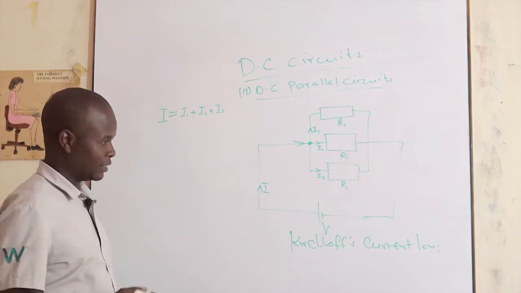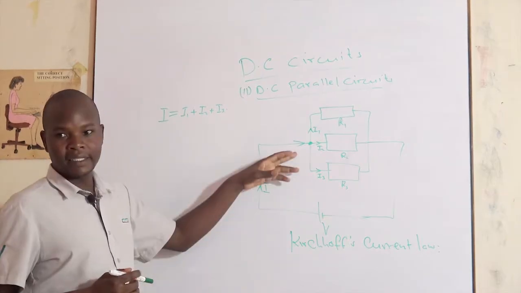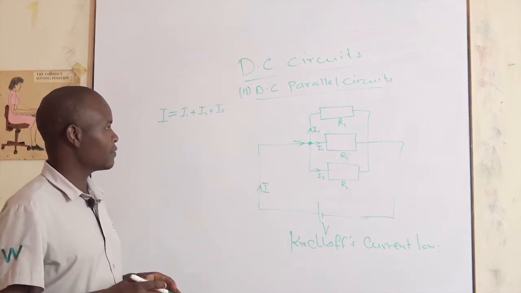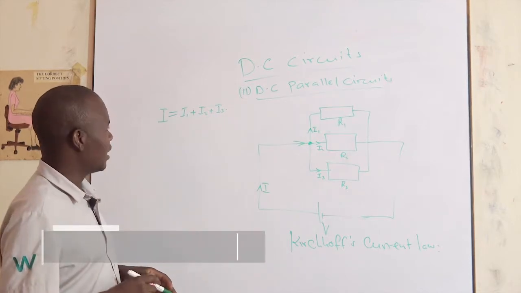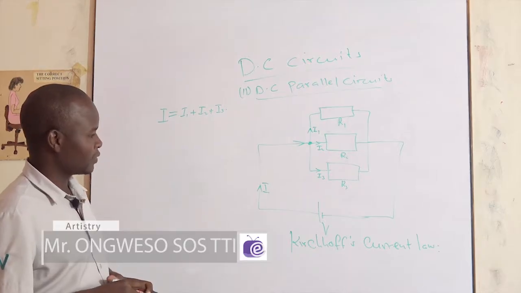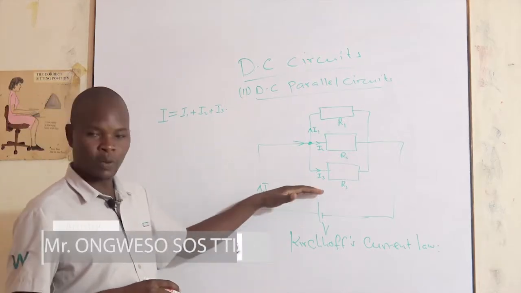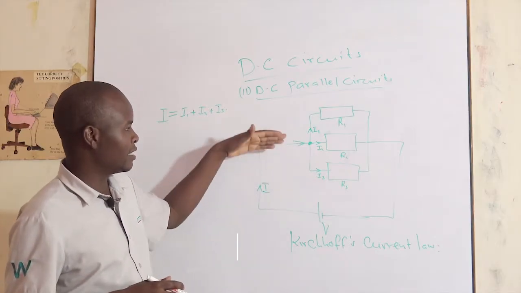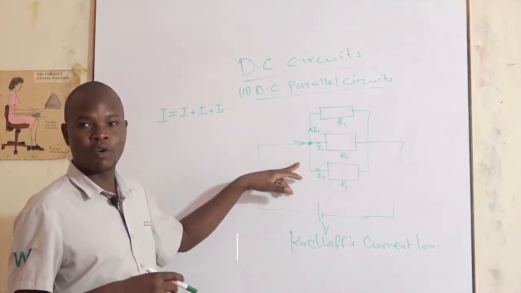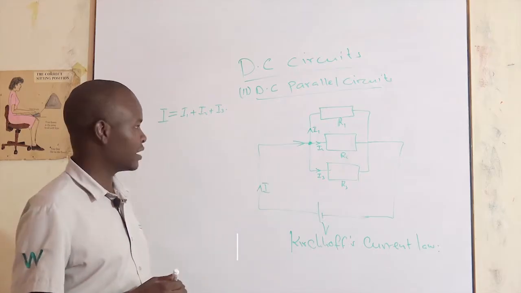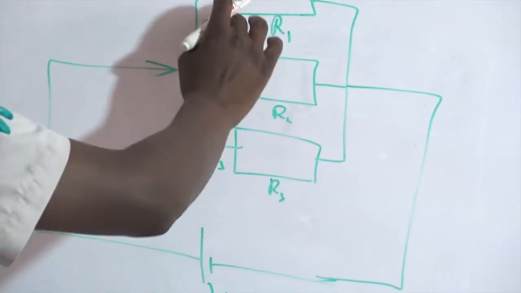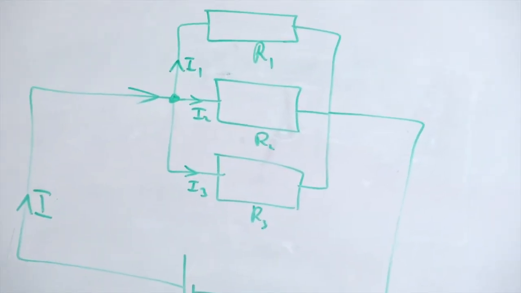That implies that the current in the three loops or branches is not the same. At the same time, from this network, the voltage is common at all points of the circuit. That means the voltage across R3, R2, and R1 is the same.